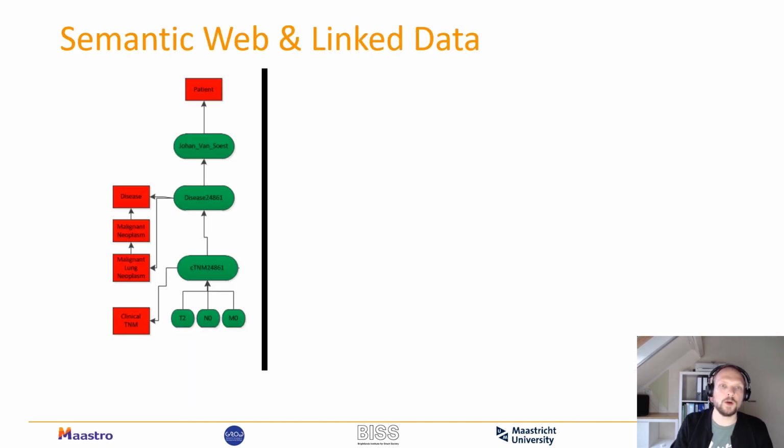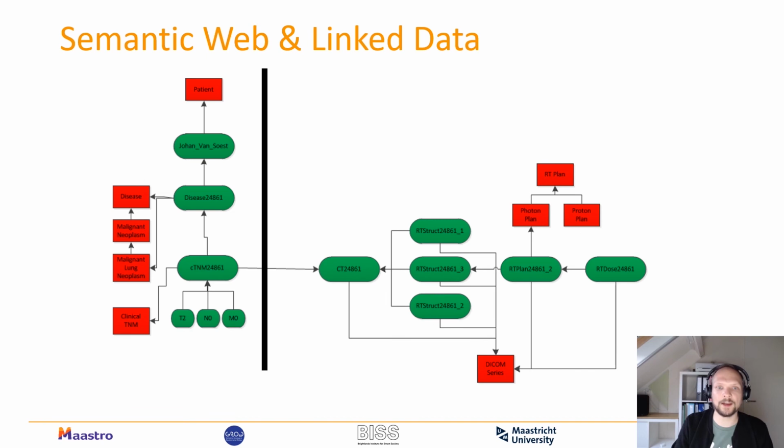So what we did is we looked at semantic web and linked data, because the promise of semantic web is that we can link patient data coming from an EMR system. For example, that we have a patient called Johan van Soest who has a certain disease and has a clinical tumor classification in there with a T2 and N0 and M0, that we can link that to the actual imaging information.